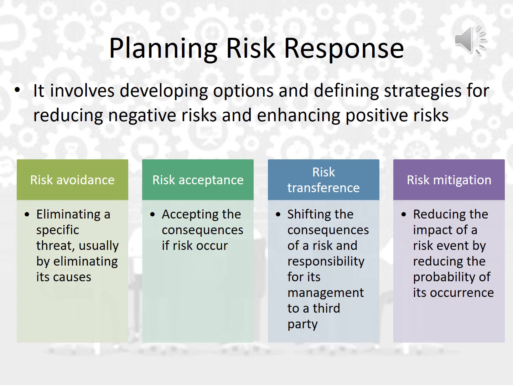The expected output of implementing planning risk response is to update the project management plan and project documentation. So it involves developing options and defining strategies for reducing negative risks, the ones that will affect achieving our objectives of the project, and enhancing the positive risks that will enhance achieving the objectives of our projects.